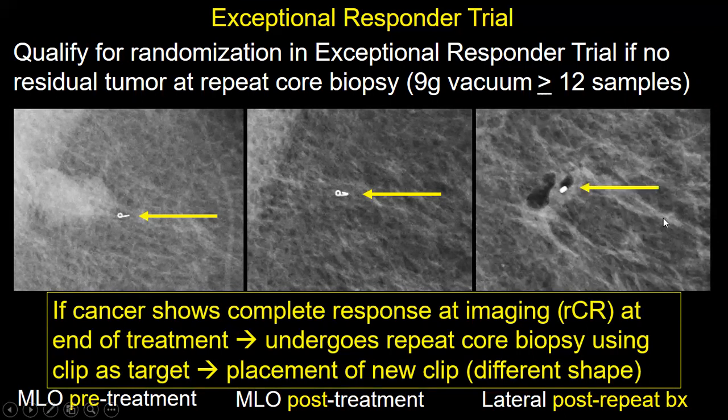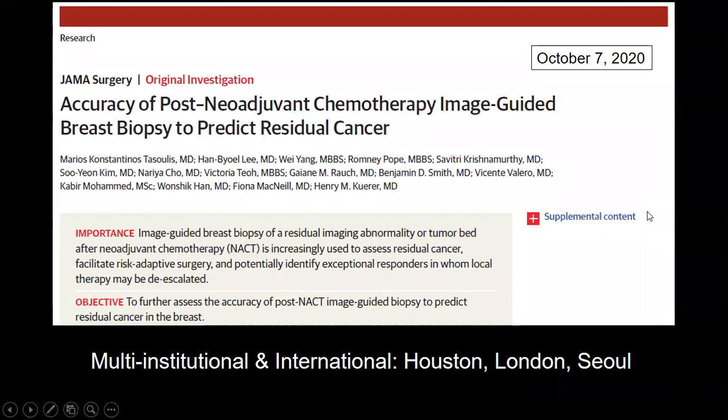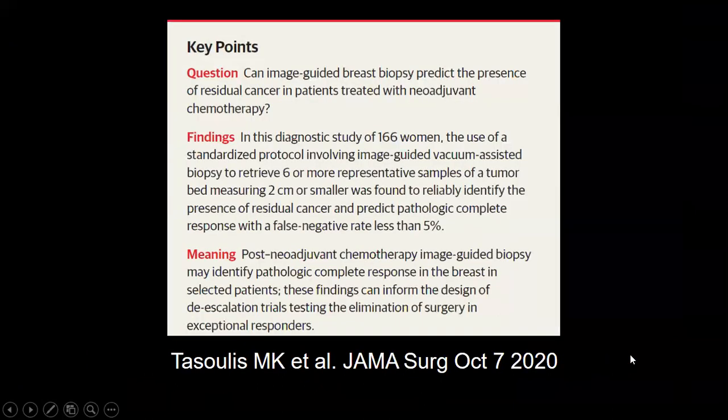So in conclusion, this is done not only now at our center, but really around the world. This is a multi-institutional and international collaboration trial. It was published in JAMA Surgery in October 2020, so very recent, involving MD Anderson in Houston, the Royal Marsden in London, as well as the Seoul National University in Seoul, Korea.